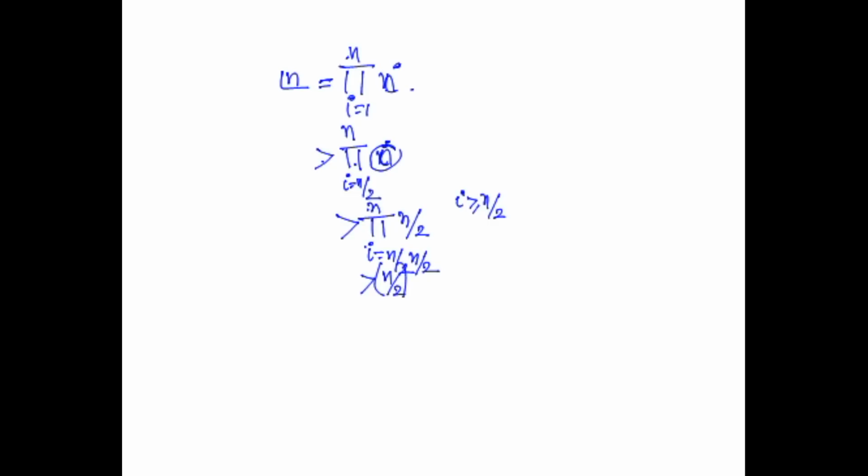So the total product should be greater than n by 2 to the power n by 2. So factorial n is greater than n by 2 to the power n by 2, which means that when I take the logarithm on both sides, log of factorial n is greater than n by 2 into log of n by 2.